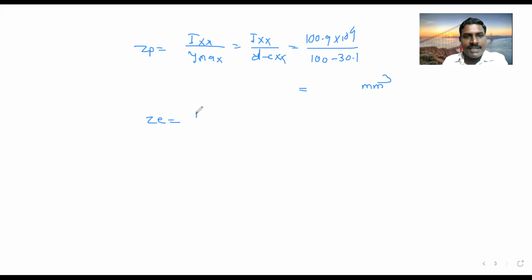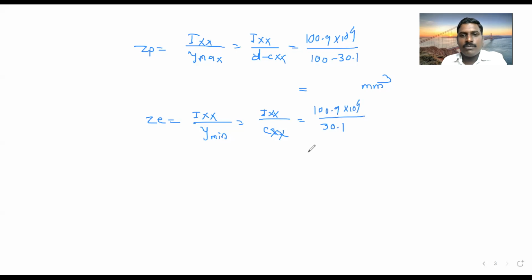So how much is ZP? Then we have to calculate ZE. So ZE is equal to again IXX divided by I minimum. So for IXX, I minimum will be the CXX. So 100.9 into 10 raised to 4 divided by CXX, which is 30.1.